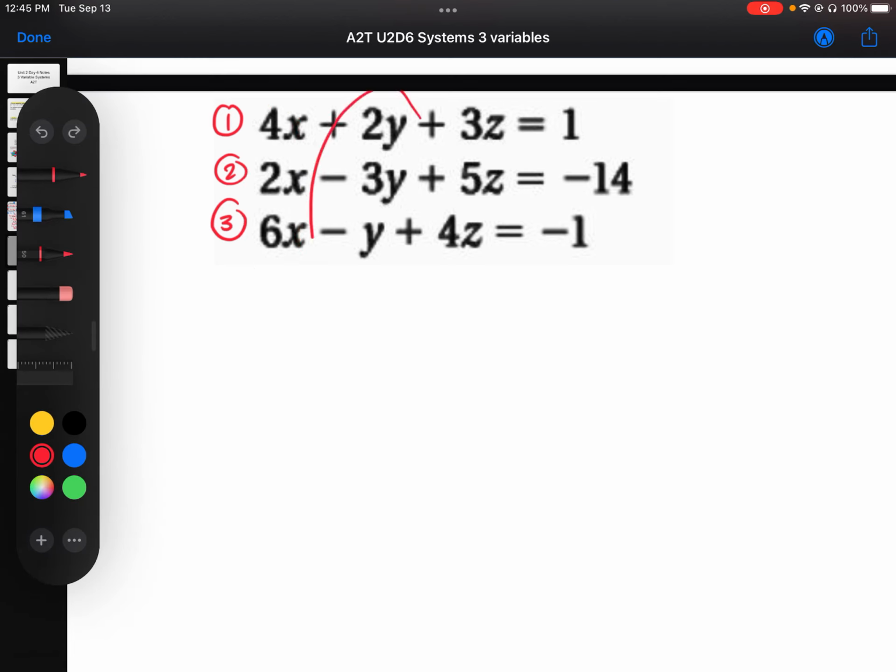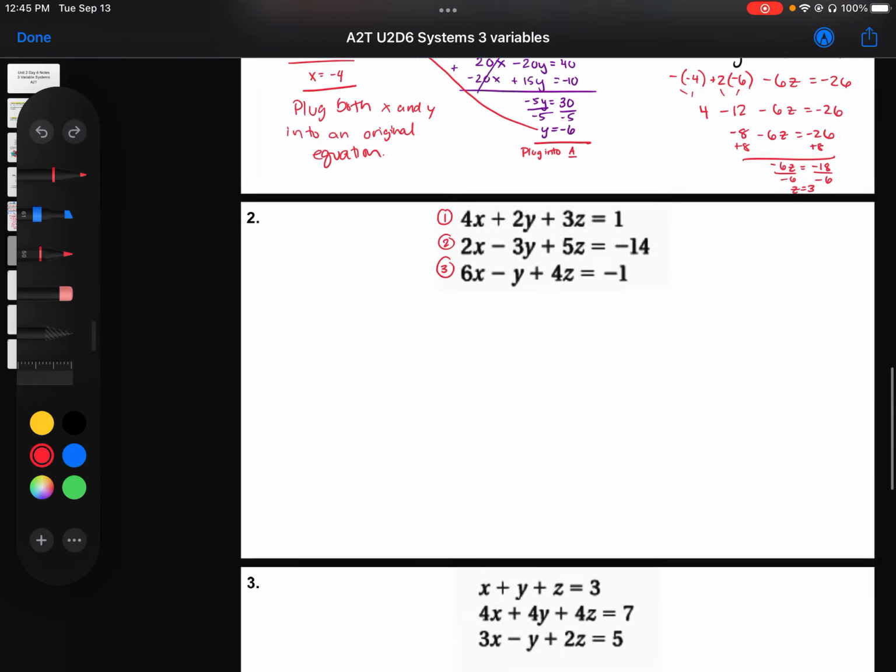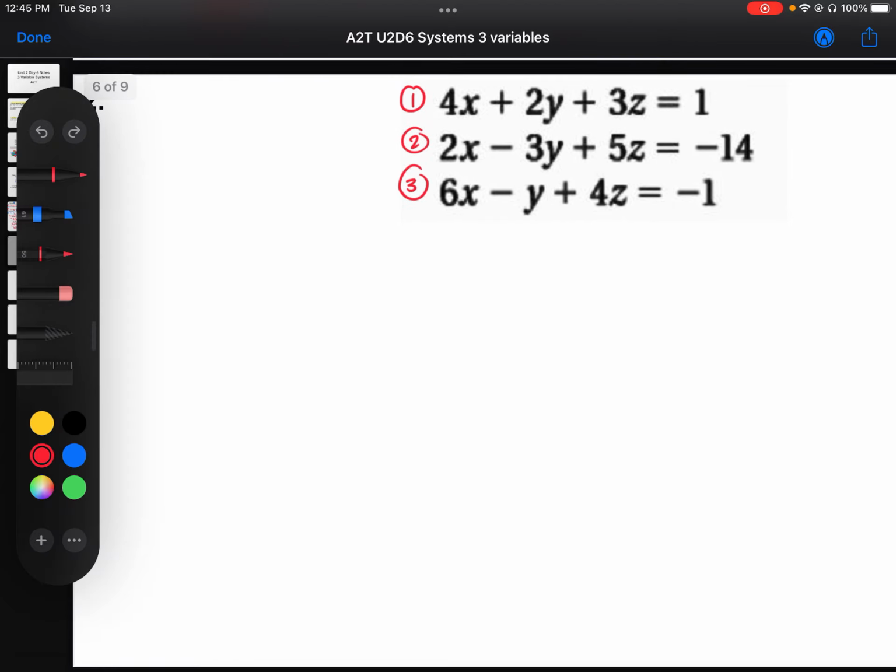Okay. The y values, some are negative, some are positive. That's nice. And I have a 1y. That could be helpful. And my z's, all are positive and none are the same number, 3, 4, 5. So my goal, I'm going to go ahead and say, let's eliminate for y.